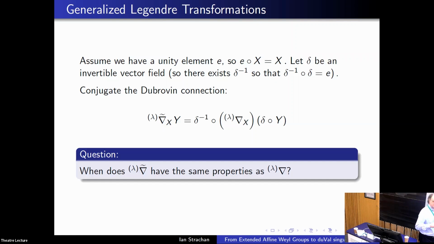So from a differential geometric point of view, the multiplication doesn't change. It's the same multiplication. However, the connection part does change. In particular, when we conjugate, the notion of what's flat for that conjugated connection will change. And that's the origin of the Legendre transformation.